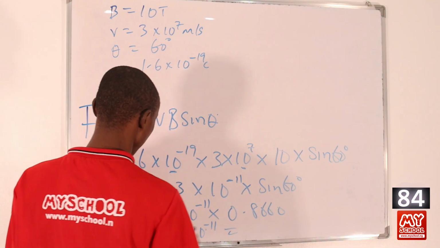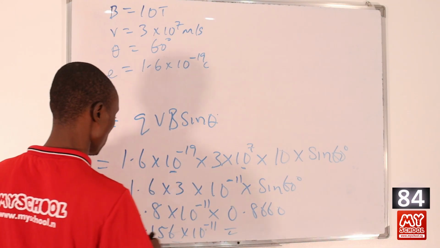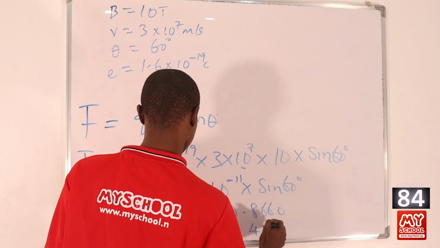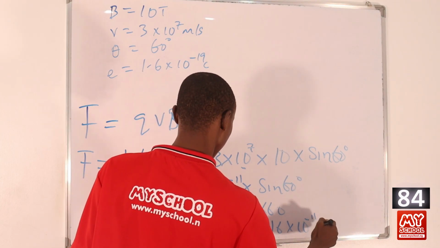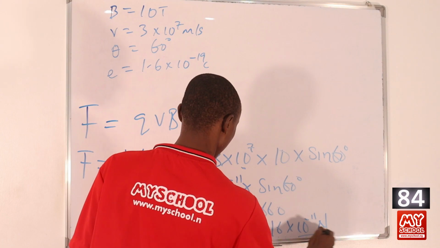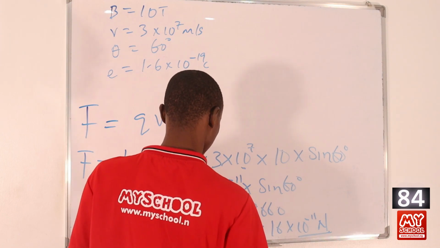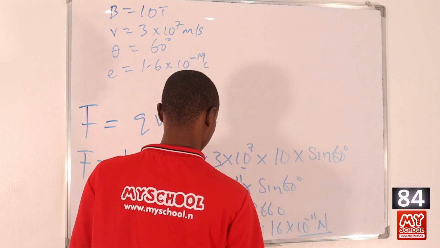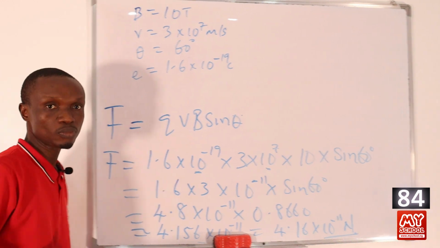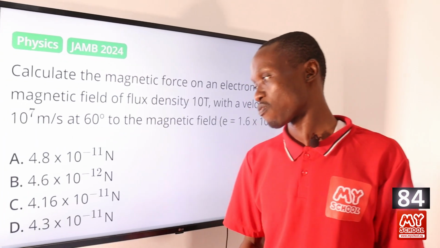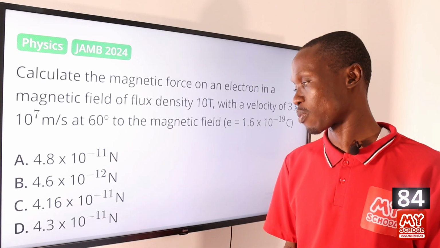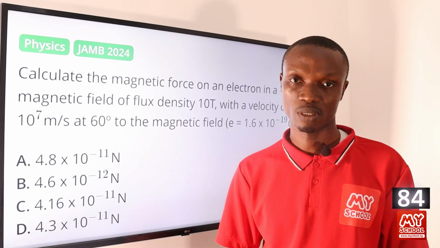If we reduce this to 2 decimal places, we'll be having 4.16 times 10 raised to power minus 11 Newton, since we are talking about force. So let's return back to the screen to pick the correct answer to this question, and that is option C, 4.16 times 10 raised to power minus 11 Newton.